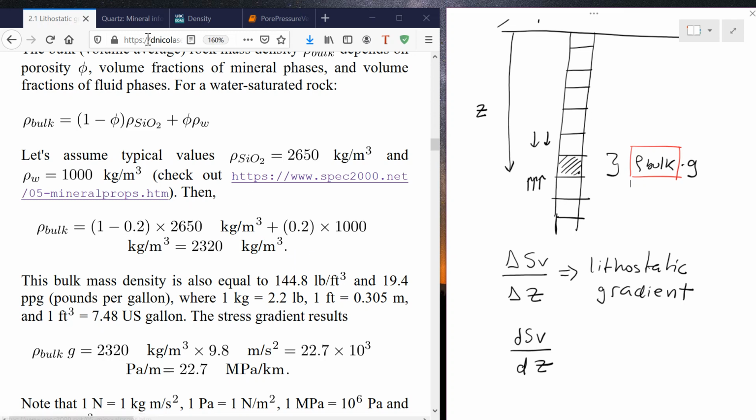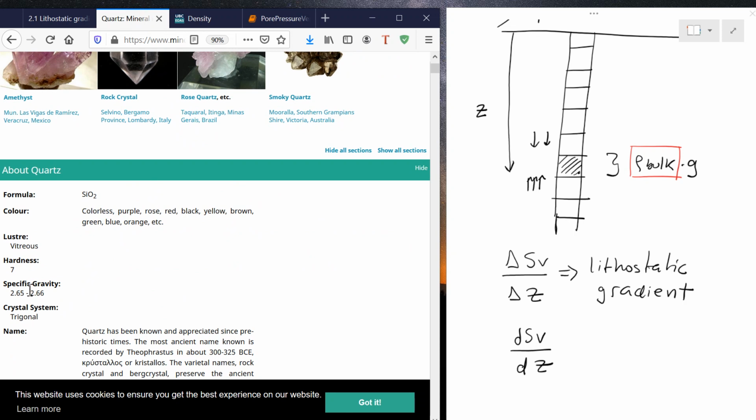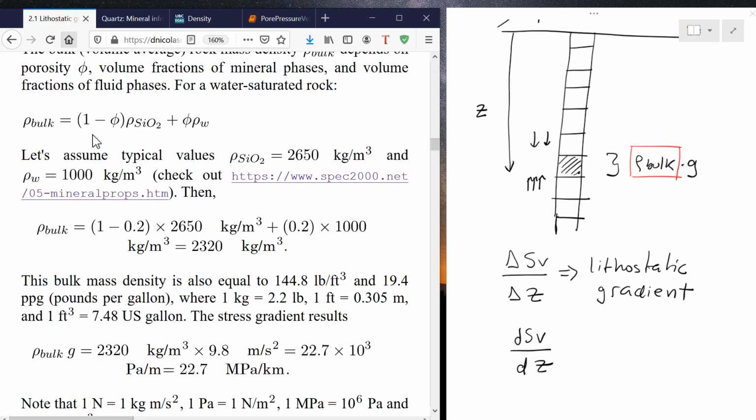For example, in this tab, I have opened a database that tells me the specific gravity of quartz. That is the mass density of the mineral divided by the mass density of water, and it's 2.65. That's why I have here 2,650 kilograms per cubic meter.